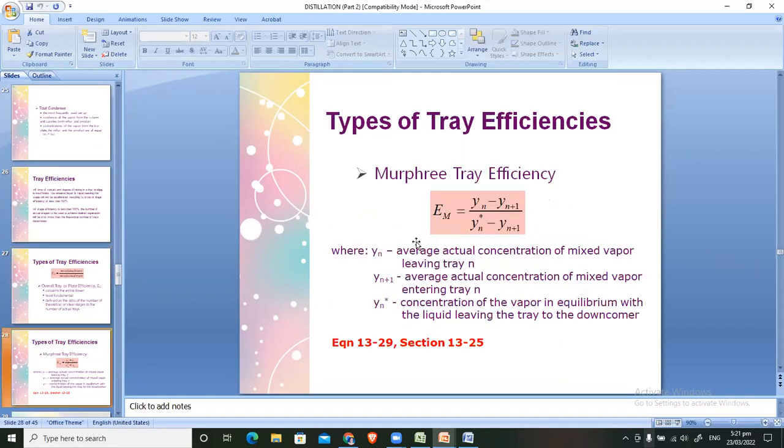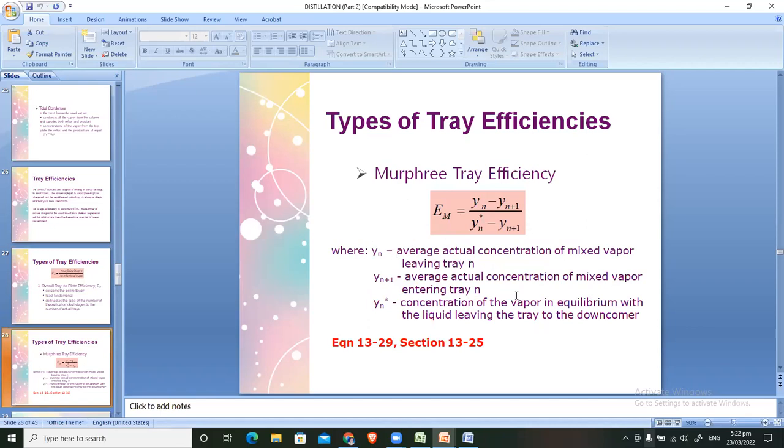For Murphree tray efficiency, you have to consider the average concentration of the mixed vapor that is leaving a tray and the average concentration of the mixed vapor entering the tray. So these are all, take note, average concentrations.